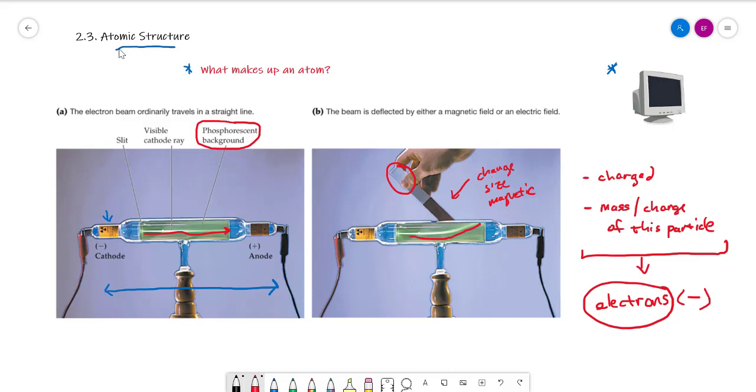And so this was a really, really early experiment that pointed scientists in the direction that atoms actually aren't the smallest unit of matter, and that they're actually composed of these subatomic particles, electrons being a really key particle when we think about the chemical and the physical properties of those elements. And so we're going to tie that back in a little bit later and think about electrons, reactivity, and ultimately how those elements are arranged in the periodic table.